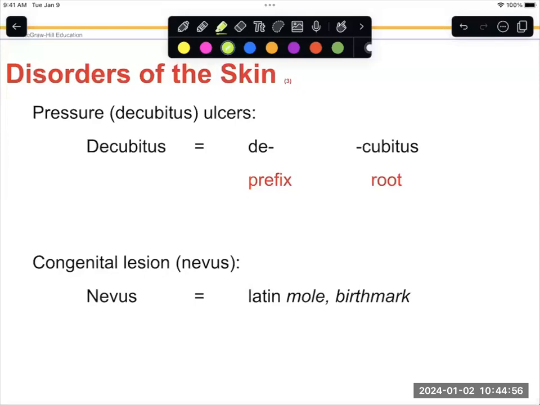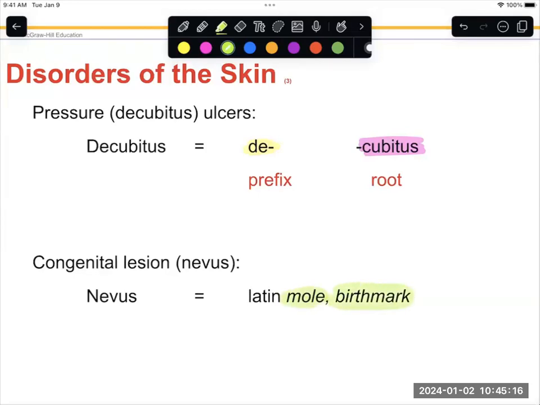So if we look at decubitus, we have a prefix of de and a root of cubitus. A nevus is another word for mole or a birthmark.